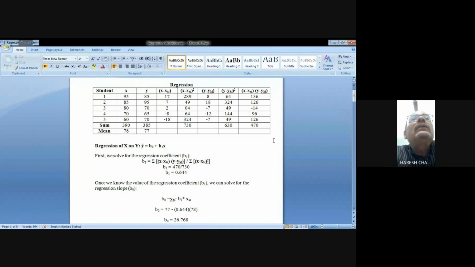Here, x hat will come, and here y. The equation changes: x hat is equal to b0 plus b1 y.